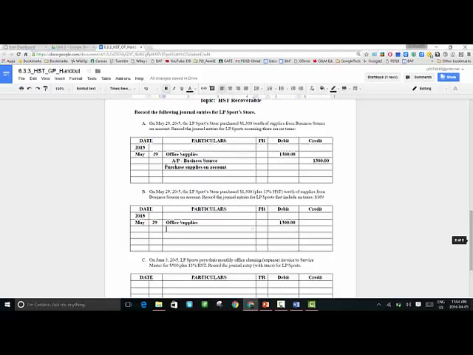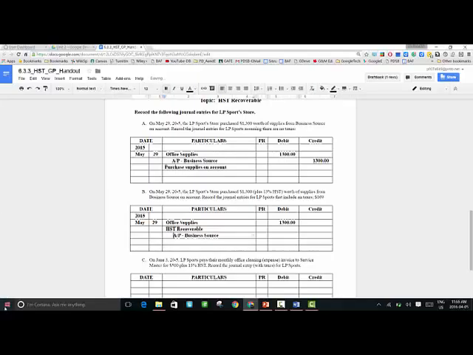We talked about how we now have an HST recoverable account, which we need to factor in, and we also have our accounts payable account. So as we did above, we should know that this is going to be a credit. So I'm going to indent this 1, 2, 3, 4, 5.